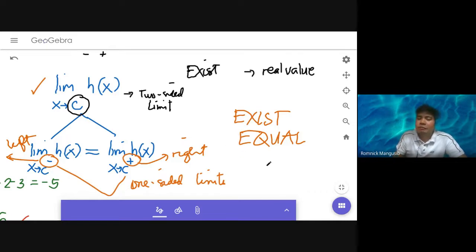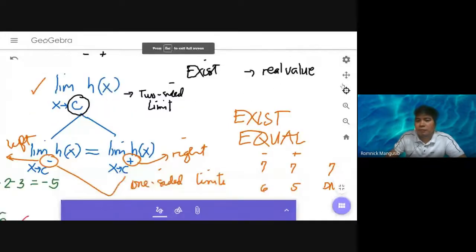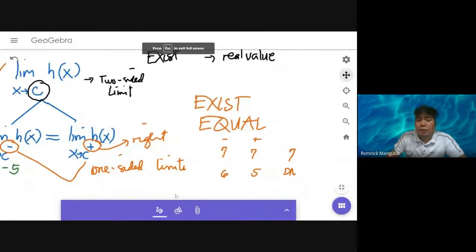So kung ang nasolve mo sa left ay 7 at ang nasolve mo sa right ay 7 din, ibig sabihin 7 din yung two-sided limits. Pero kung ang nasolve mo sa left ay 6, ang nasolve mo sa right ay 5, then the two-sided limit does not exist. Can you get the point there? It's all about equality.